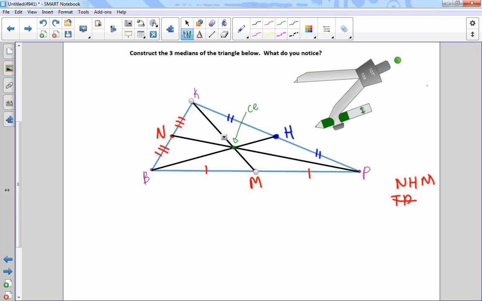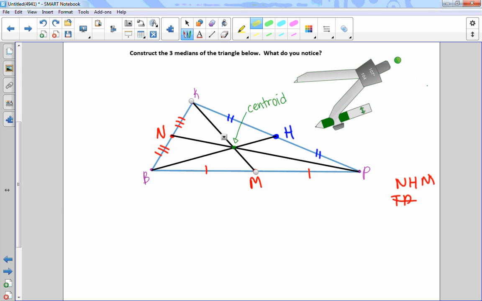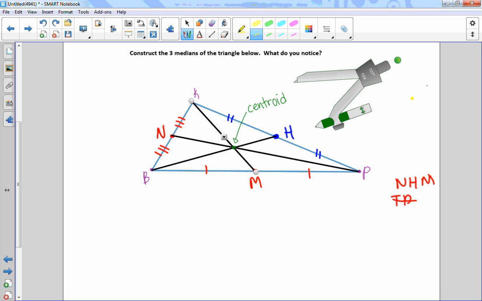Centroid. Now there's an interesting relationship that's happened. So I'll get a highlighter out here. Other than, again, they intersect at the common point, this distance compared to this distance. This is the centroid right in the middle.